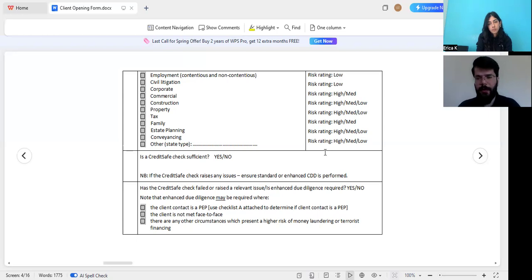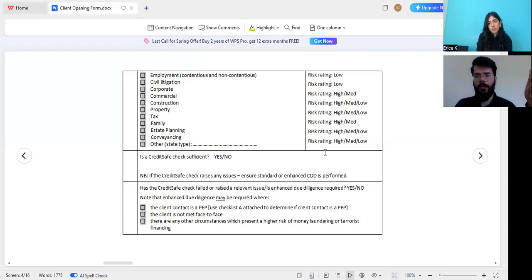The client is not met face to face. If the client's not met face to face, usually what's done is you ask for the client's ID documents, such as an in-date, valid passport or a UK full driver's license, or their international passport, and you get on a video call with them and ask them to hold their passport or their ID document that is recognized in the UK right in front of their face, or right adjacent to it, and you can just verify.